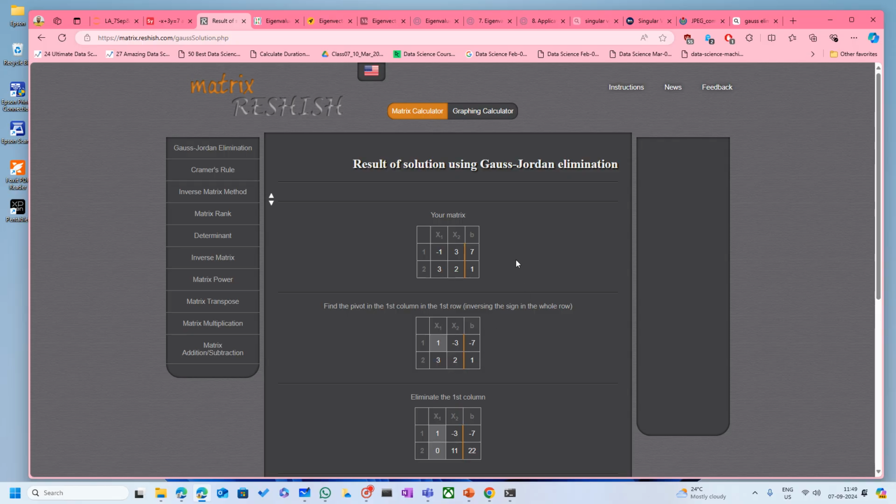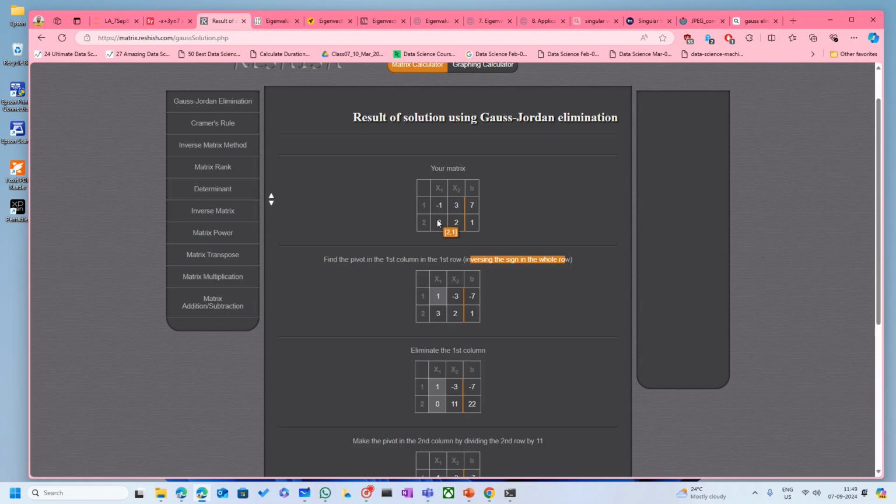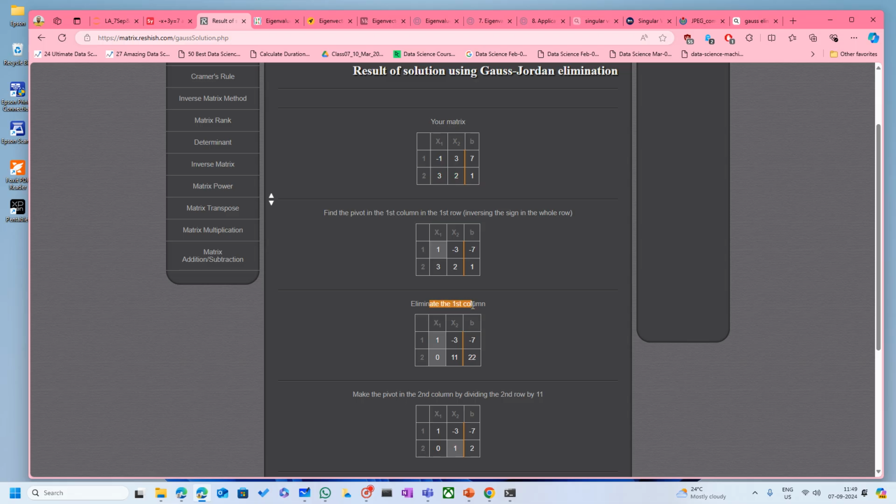Remember, in Gauss-Jordan elimination you only do operations on rows. In this row, you are multiplying by -1, so -1, 3, 7 became 1, -3, -7, and in the next step you are eliminating the first column by subtracting.